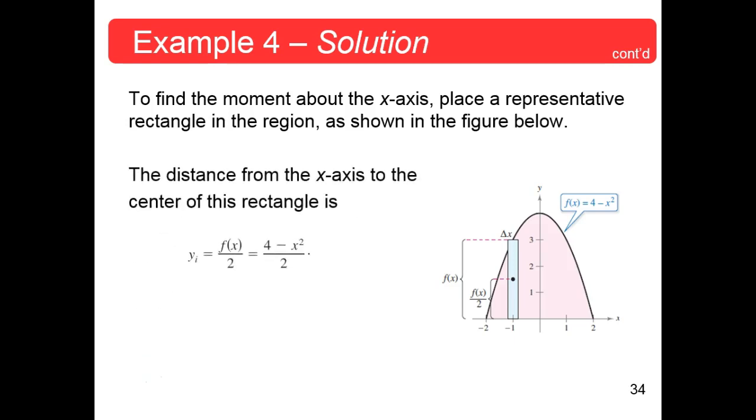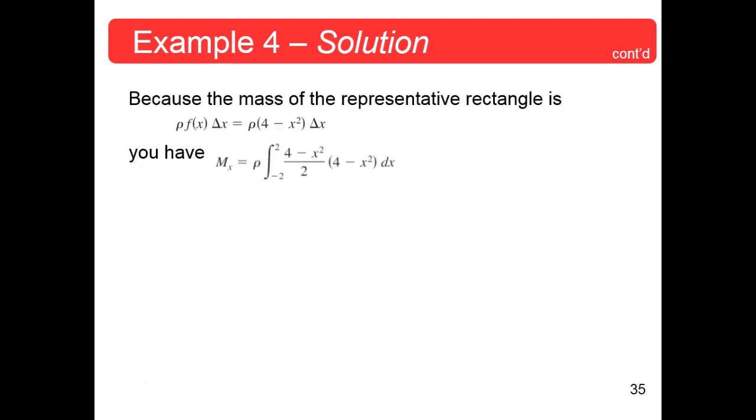The distance from the x-axis to the center of the rectangle is exactly halfway up, and the mass of the representative rectangle was rho times F of X times delta X. This is just like we did, except I pulled this out here, and what you're suggesting is go 0 to 2, which will wipe out that, and just have that thing squared. That's what we wound up with.